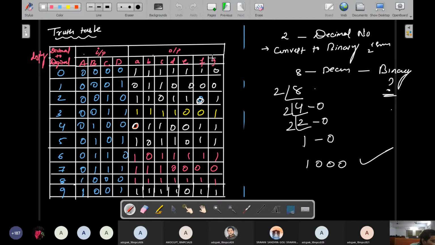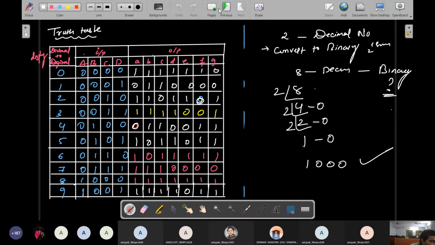But here they are using 4 by 4 K maps. It is too difficult to understand without the basics, so I can't explain how you select the various inputs and outputs using K maps. K maps are very difficult to understand, so that is the reason I am directly noting the values of the boolean expressions obtained using K maps.